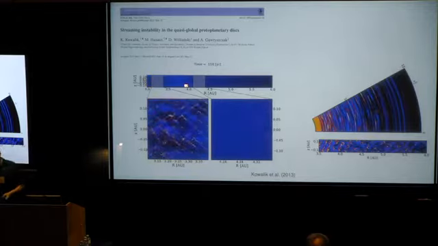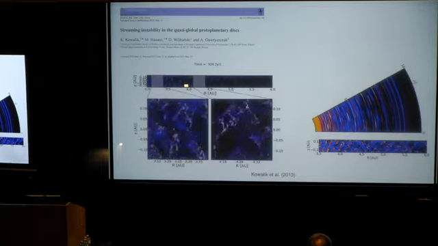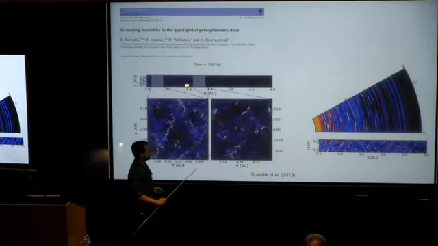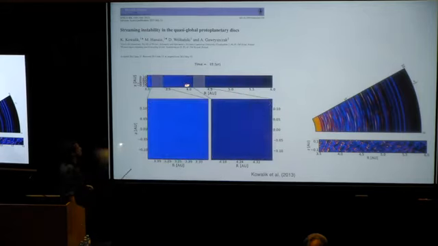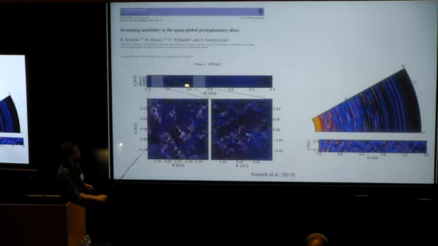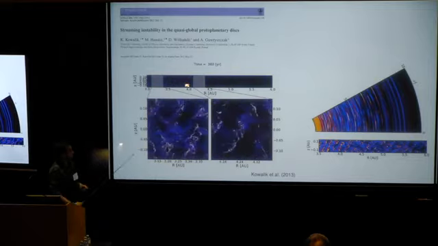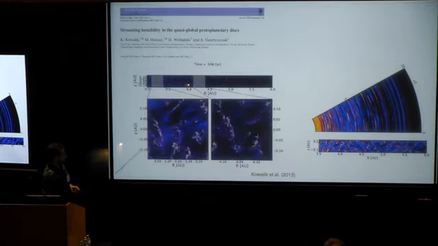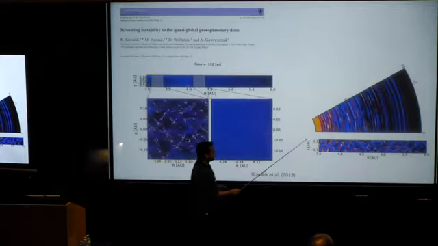This has been studied mostly in local models so far. This is the first model that tried to do that in more than local. I wouldn't consider that a global model. Actually, they themselves call this quasi-global. It's basically patching together many boxes, and it's not full in azimuth, as you can see here.